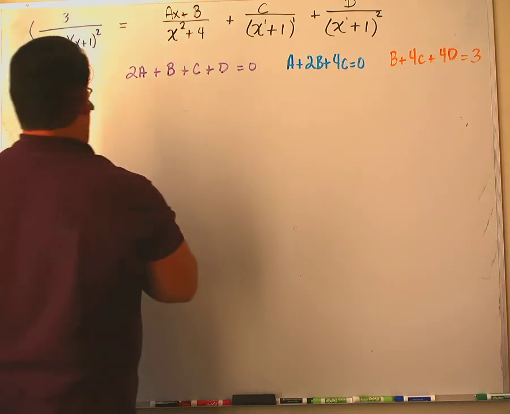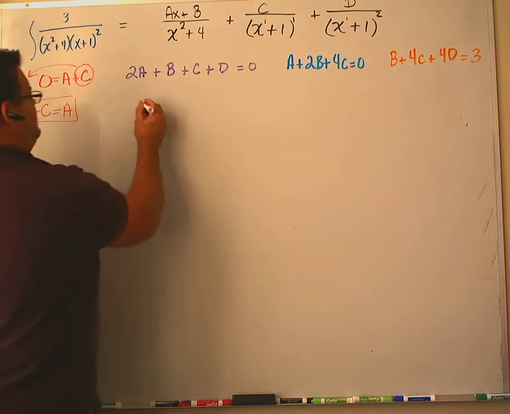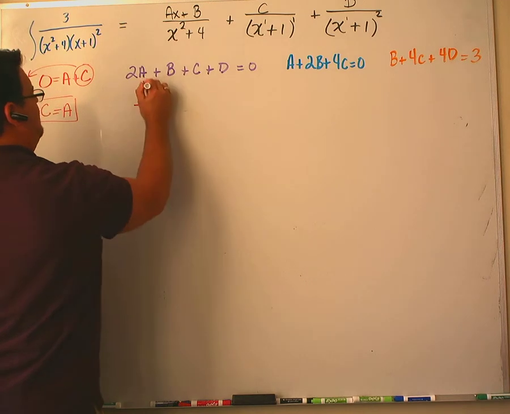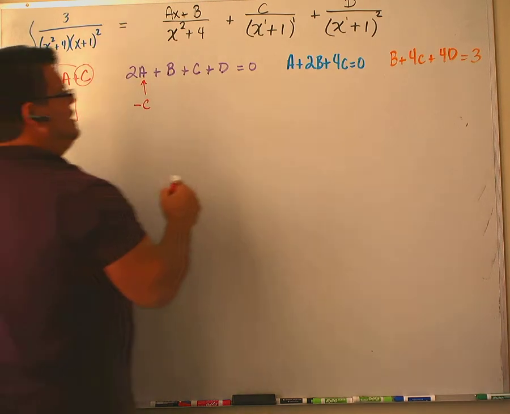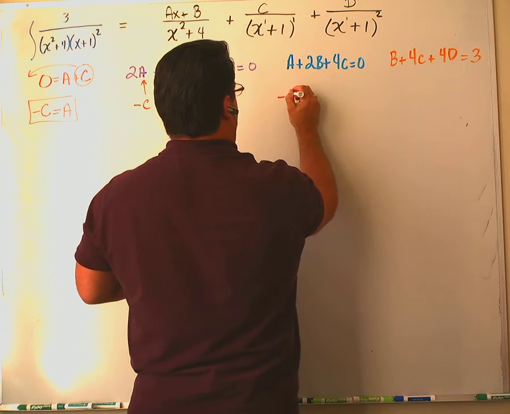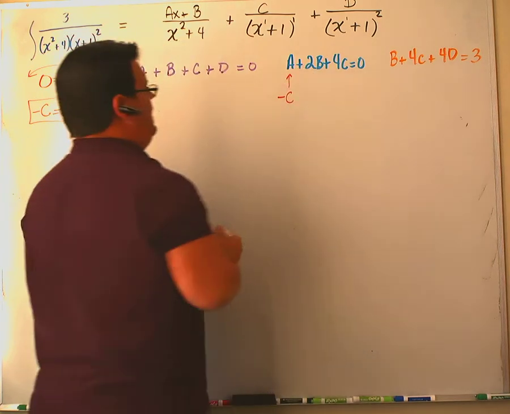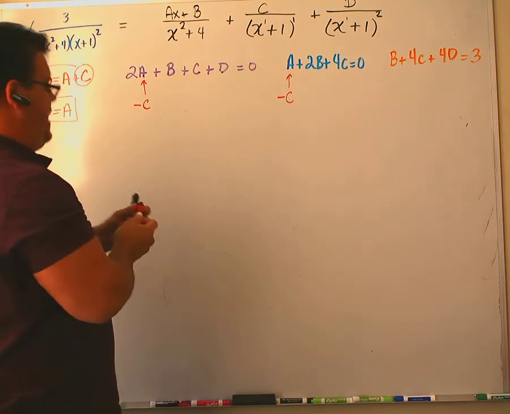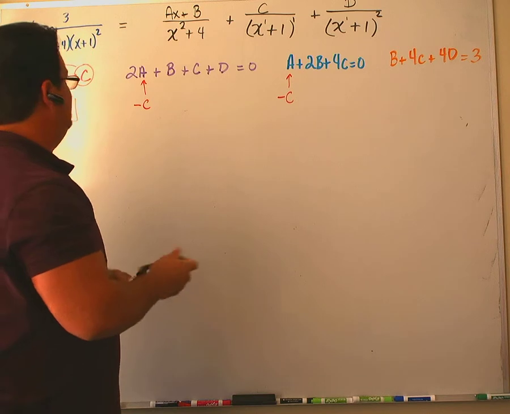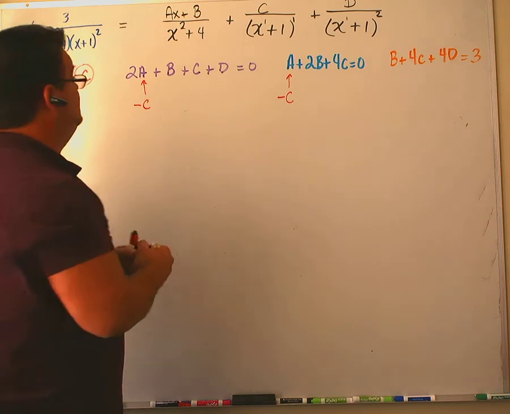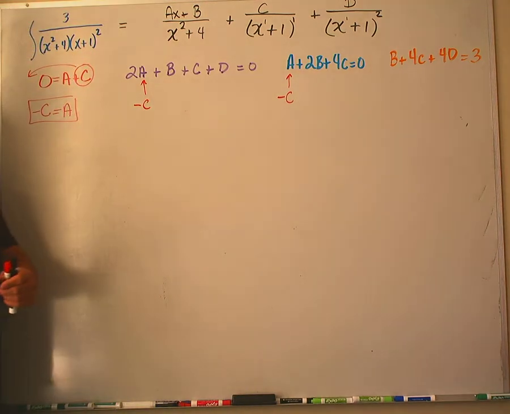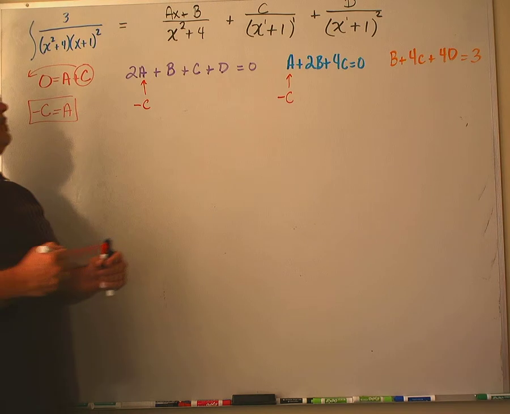So, I'm going to take that negative C and plug in for this A, and take negative C and plug in for this A. And I've also got D equal to 3/5, if I remember correctly.